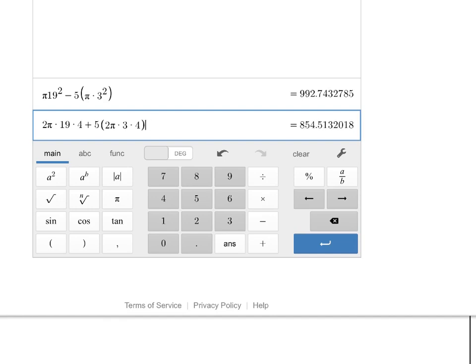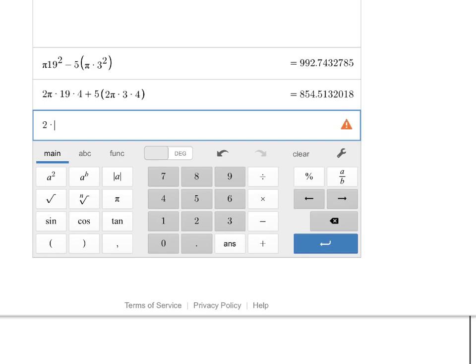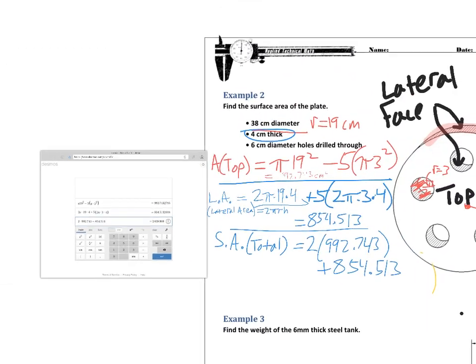Let me get a new line here. 2 times 992.743 plus the 854.513. Gotta keep track of everything. There we go. Great. We'll round this to the nearest, what does it tell us to round to?